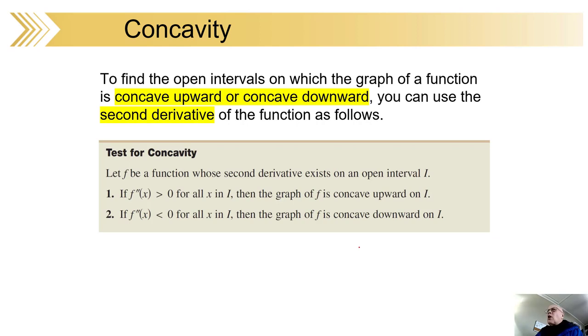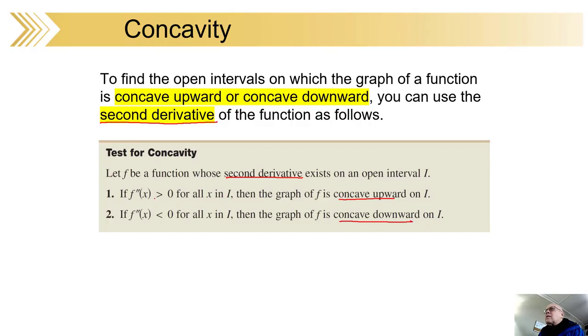So here we go with the second derivative of the function. I'll just underline that for even more emphasis. You're going to take the second derivative of something, and that second derivative is going to tell you which way it's concave.